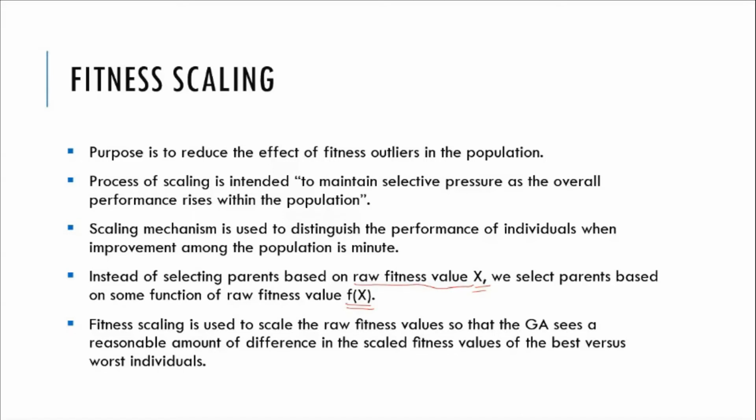So these two cases are actually conflicting conditions. By doing the fitness scaling, we keep these differences in a reasonable range, even if the value is very large or very low. So that is the condition.